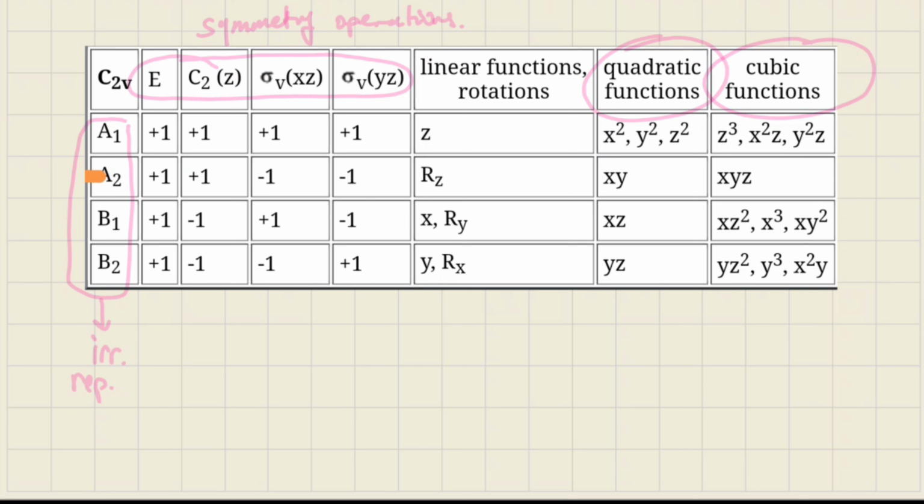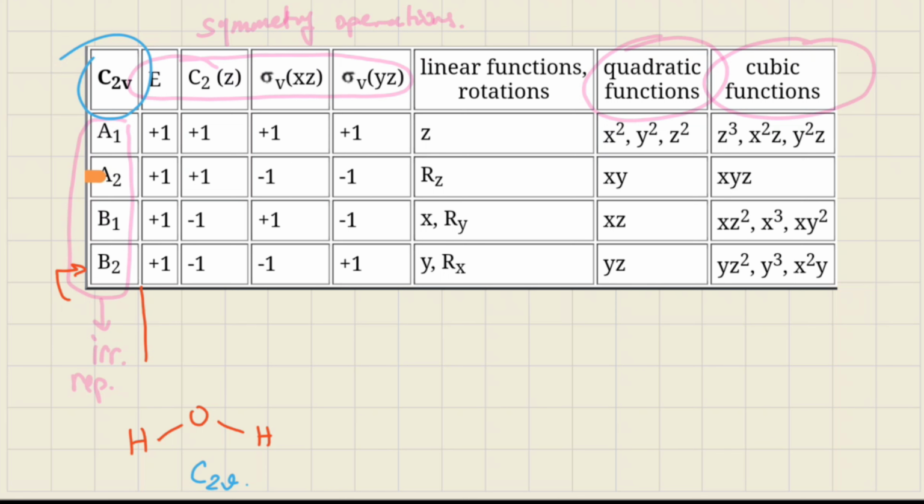I mentioned that these are the irreducible representations, and we can write our representations, for instance, for the water molecule. In order to use a point group table, we have to write our reducible representations for all the problems. For instance, we have a water molecule, as I mentioned, and water has a C2v point group, of course.